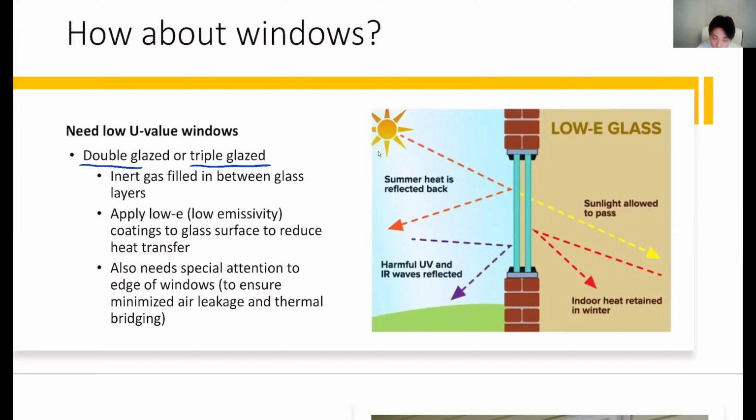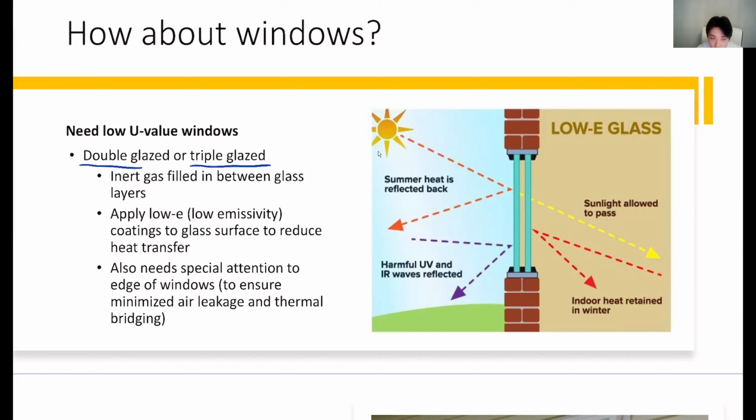You want the gap just thick enough to give it a relatively good volume, but you don't want it to be too big, in order to prevent air convection, right? If you have such a big layer, the air convection can actually bring the heat from the bottom to the top in a convective cell, and that's going to make your window perform worse. So that's how we modify the windows to make them thermally capable.